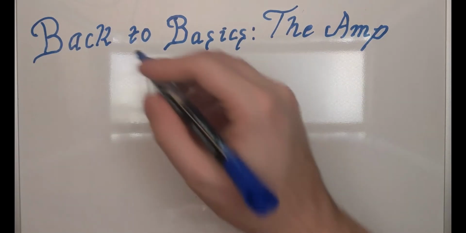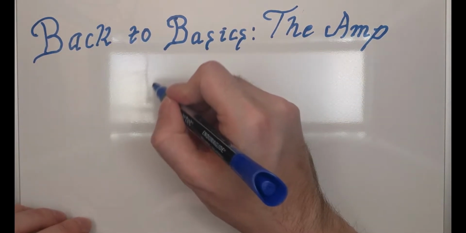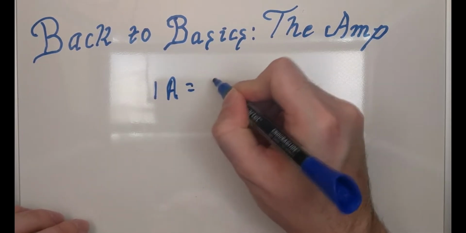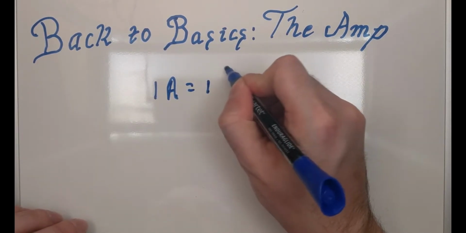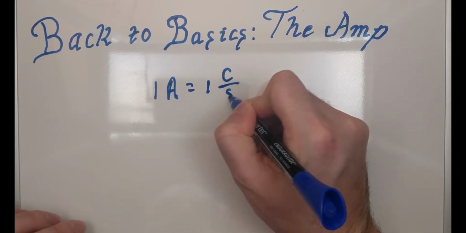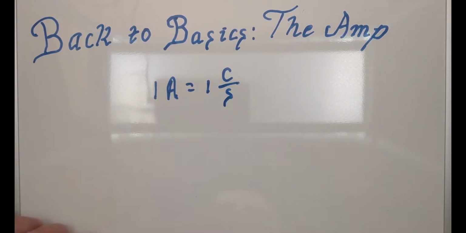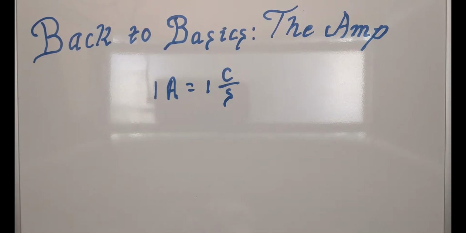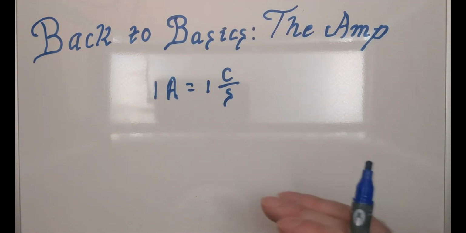Now, we'll explain it another way, where 1 amp is equal to a charge of 1 coulomb per second. This doesn't make a lot of sense yet because we haven't learned what a coulomb is, but we'll be learning about coulombs in the next chapter of Back to Basics.